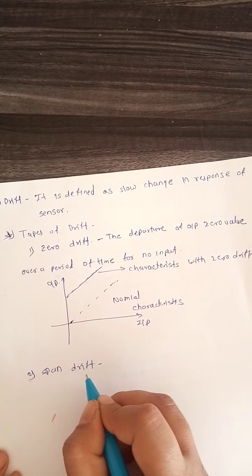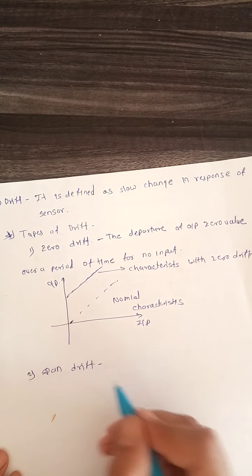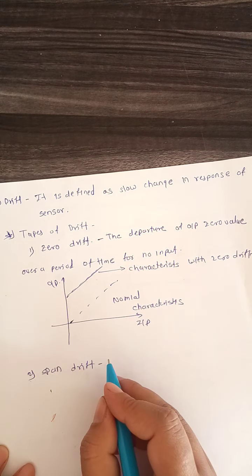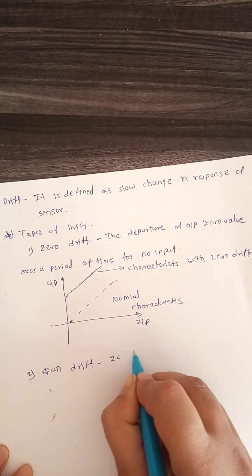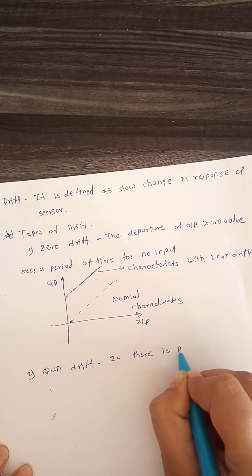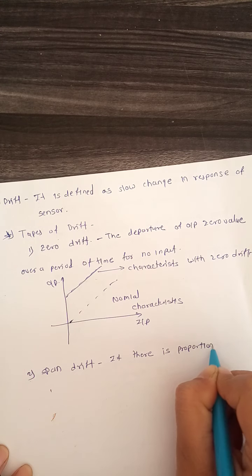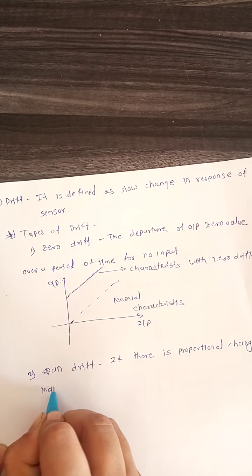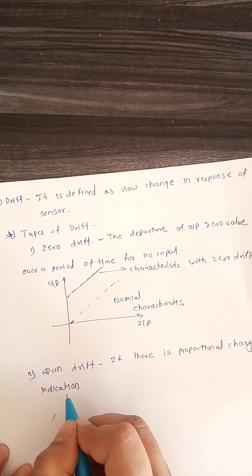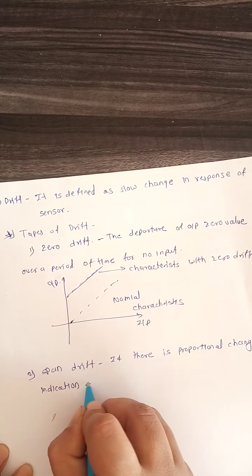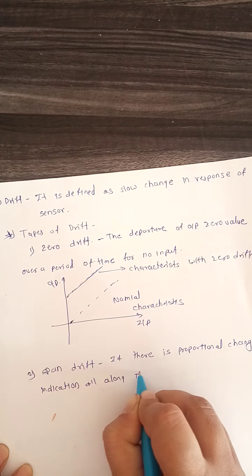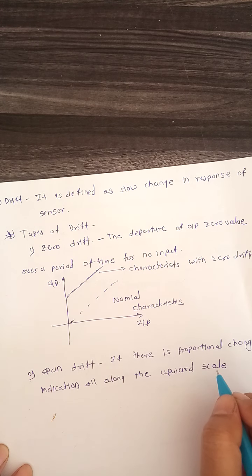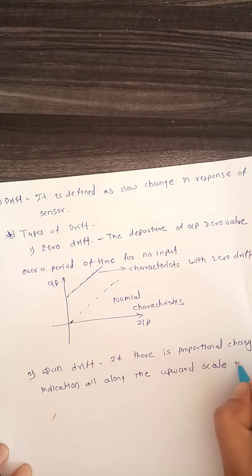If there is a proportional change in indication all along the upward scale, the drift is called the span drift.